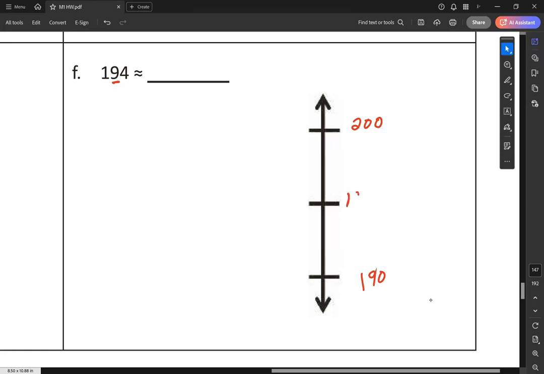It would be 195. I need to plot 194, 190, 191. Is 194 above halfway or below halfway? Below. So we round to 190.